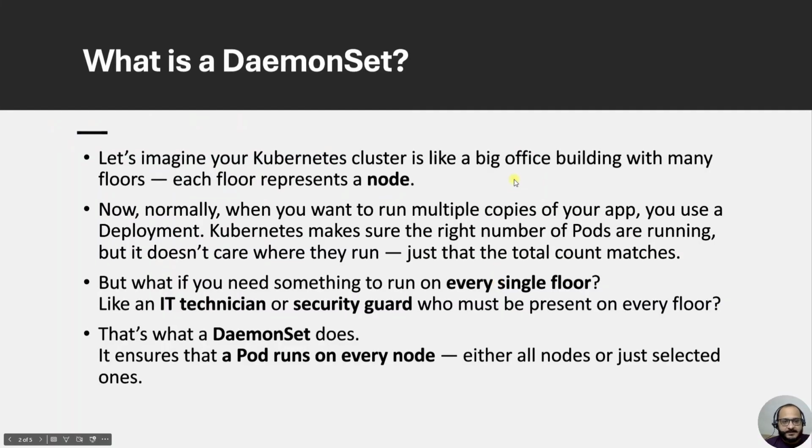Let's imagine your Kubernetes cluster is like a big office building with many floors, and here we are representing each floor as a node. Normally when we deploy our application on Kubernetes, we generally use deployment manifest files, and Kubernetes makes sure we have the right number of pods up and running, but it doesn't care where they run, just the total count. Both pods can be scheduled on a single node, or maybe on two nodes.